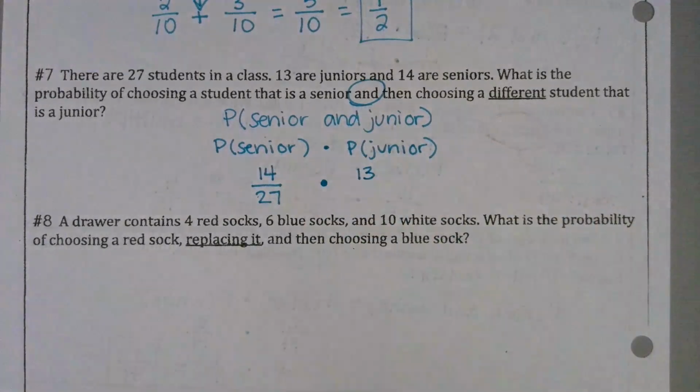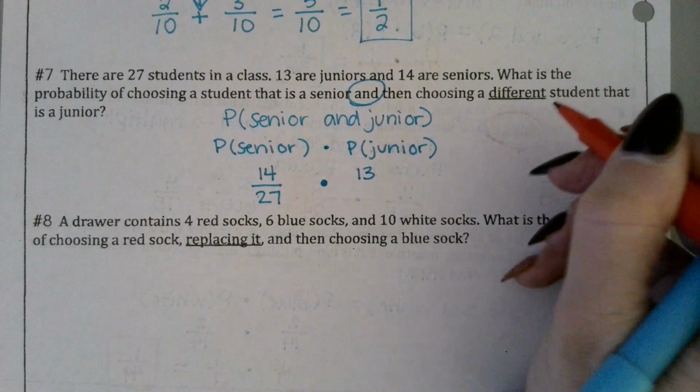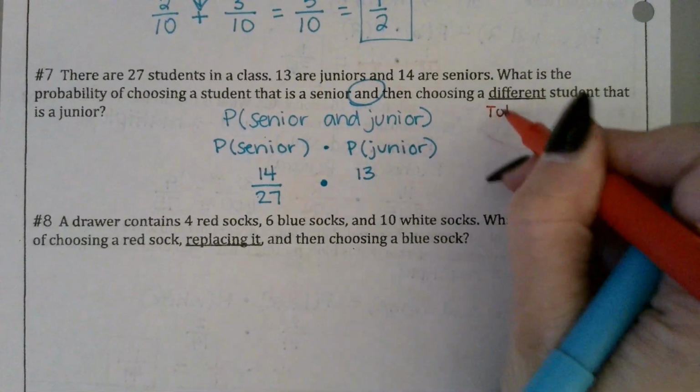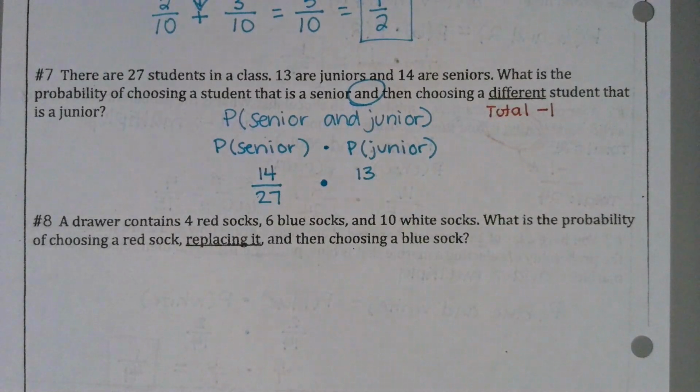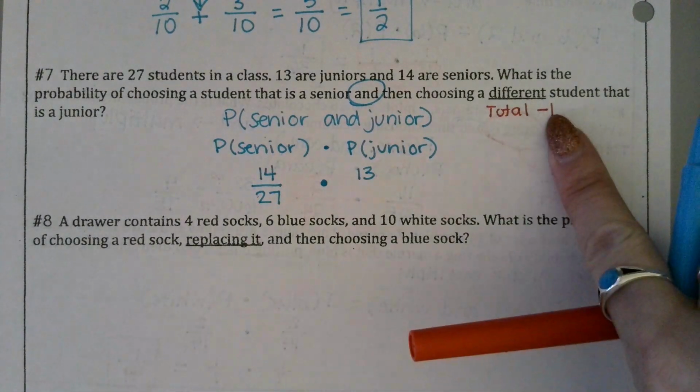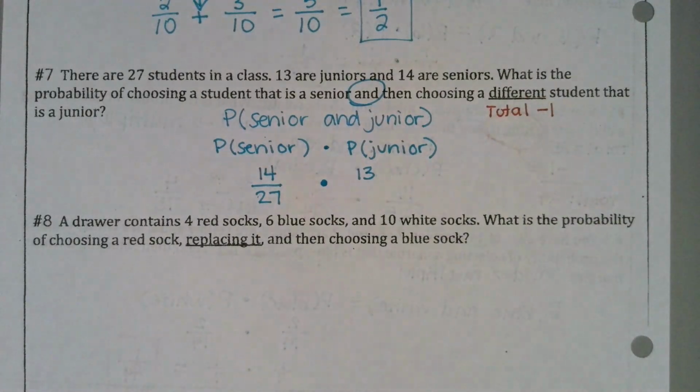13. We're picking a different student, meaning that we have to subtract the one we've already selected from our pool. No chance of selecting the same student twice, so we have to subtract one. That's what they mean by a different student.